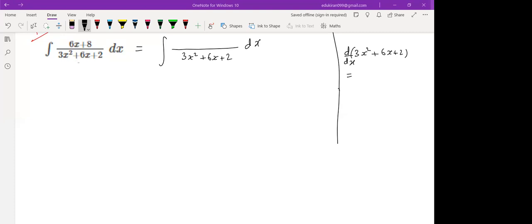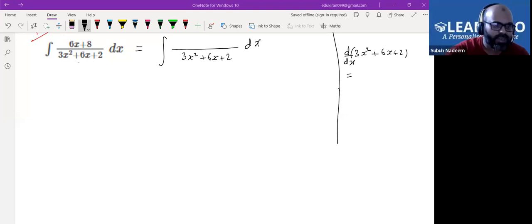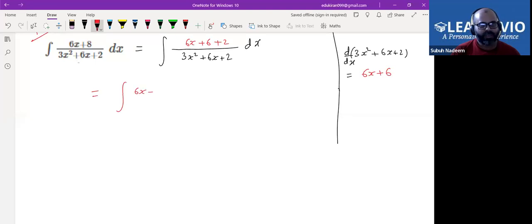Sorry, sir, it's wrong, sir. Okay, let us see. So 3x square plus 6x plus 2 when differentiated will give you 6x plus 6. Now here it is 6x plus 8, which can be written as 6x plus 6 plus 2. So what we can do, we can write (6x plus 6) by (3x square plus 6x plus 2) dx, and then plus 2 by (3x square plus 6x plus 2) dx.